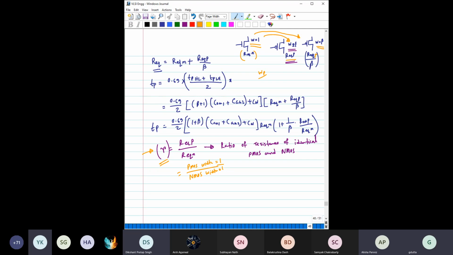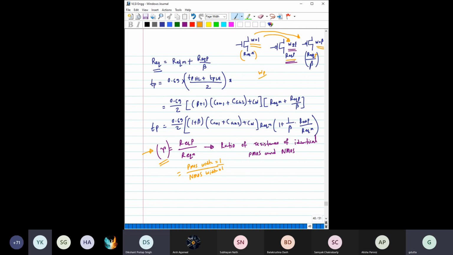If you make the PMOS R times, then the equivalent resistance will become 1 over R times compared to the NMOS, which means the charging time will become 1 over R times compared to the discharging time.